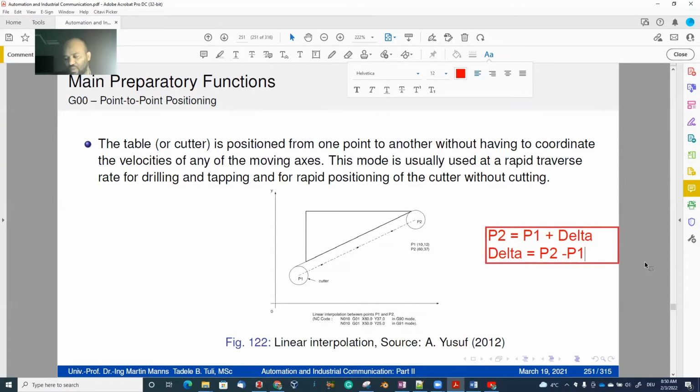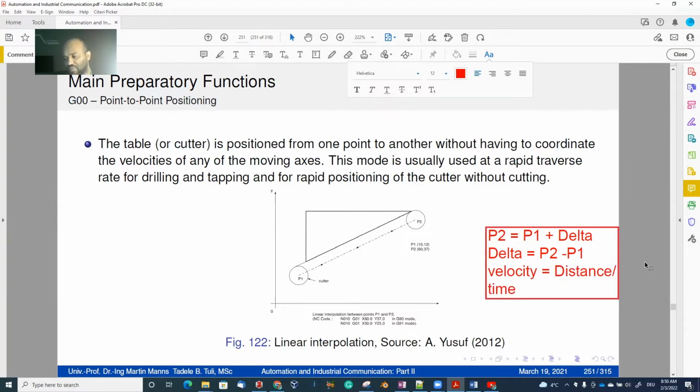It moves, boom. But it is a machine, and a machine needs some time and some speed. So this time we have a velocity. Velocity equals distance divided by time.